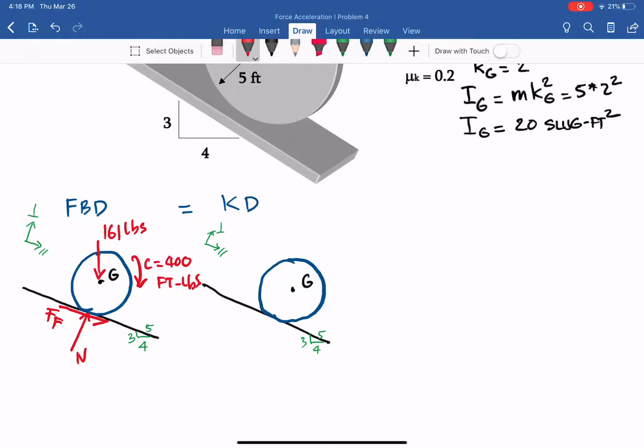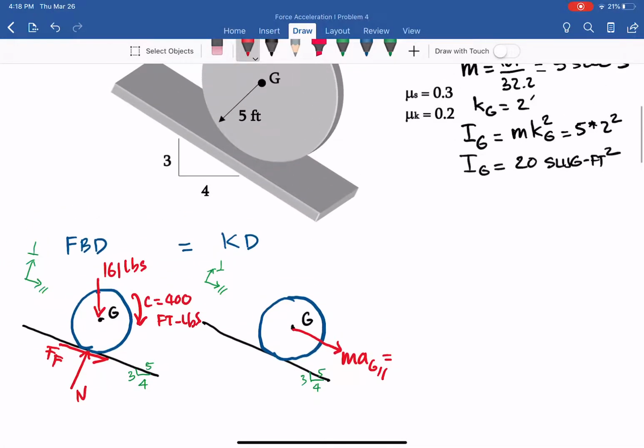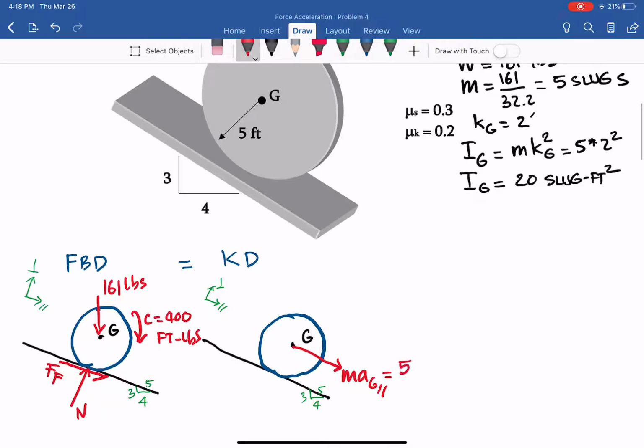And then we go to the kinetic diagram. So for the drum on the inclined surface, parallel and perpendicular, we have m aG parallel, where m we found is 5, so it will be 5 aG parallel.